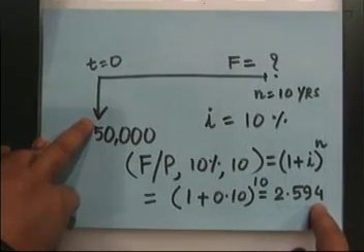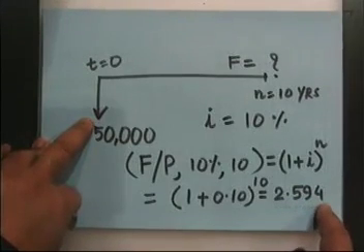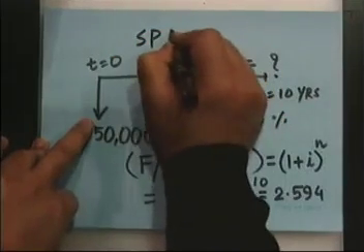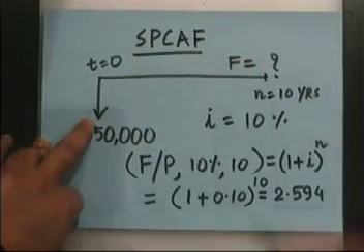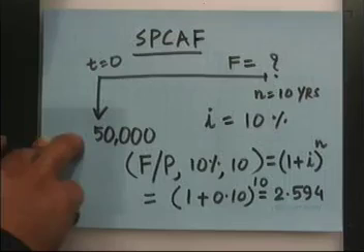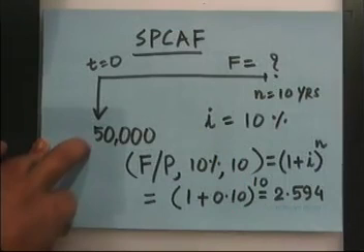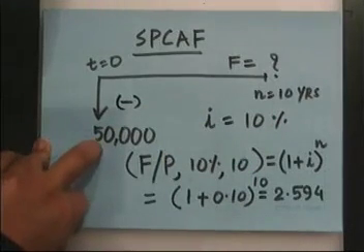And this is also known as the single payment compound amount factor. This formula I have used because I have only a single disbursement. Why disbursement? Because it is shown in negative. That means this 50,000 is going out of my pocket. Clear?